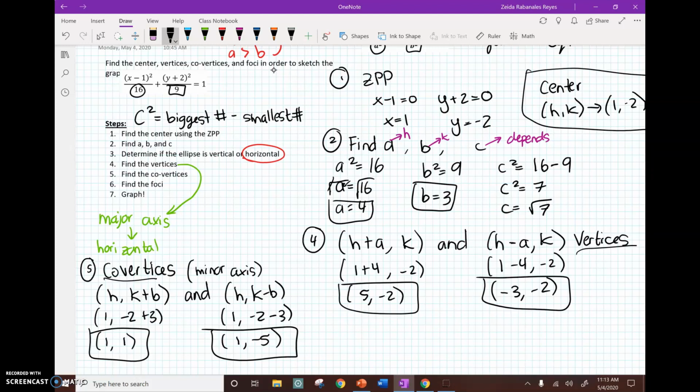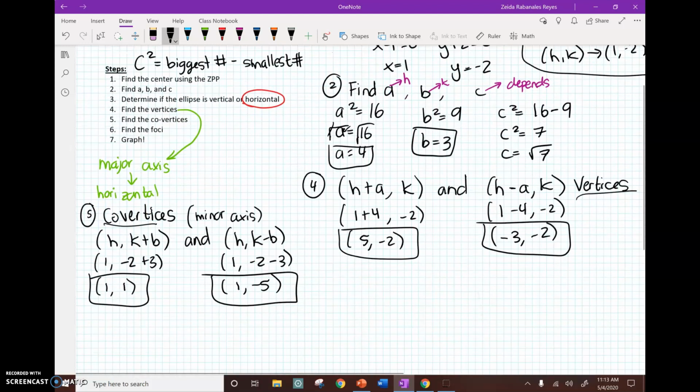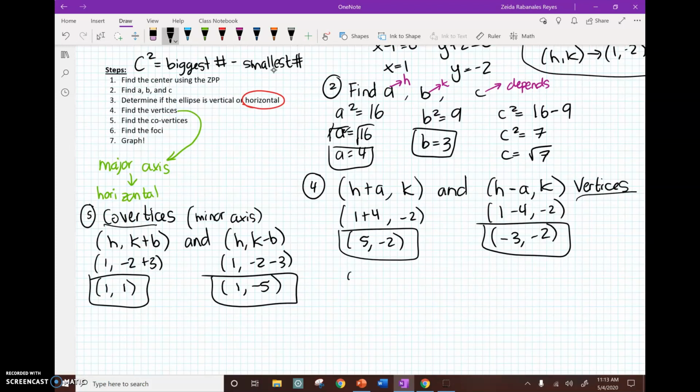But we're not done. I still need the foci point. The foci point is found inside of the ellipse. So step 6, the foci point. The foci point always depends on the type of ellipse.